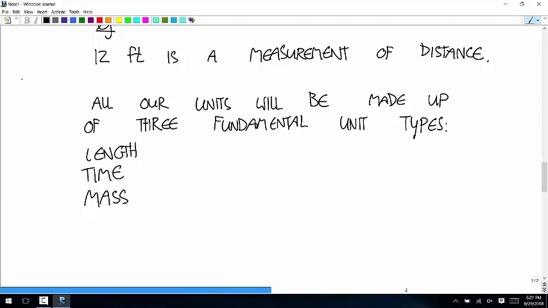And pretty often, at least at the beginning, we're going to be given measurements in one unit, and we'll want to convert it to a different unit representing the same fundamental type. So you're pretty used to doing this in everyday life, like how many inches are there in 3.5 feet.